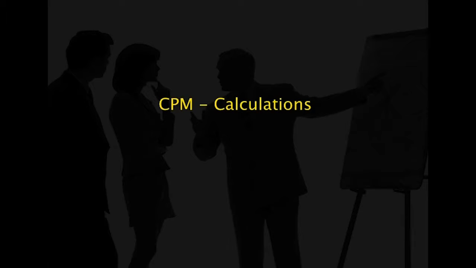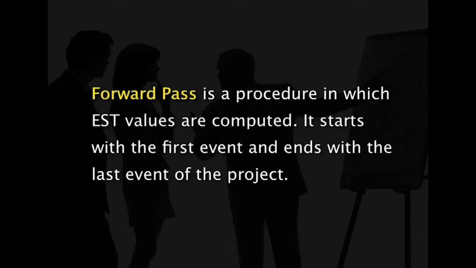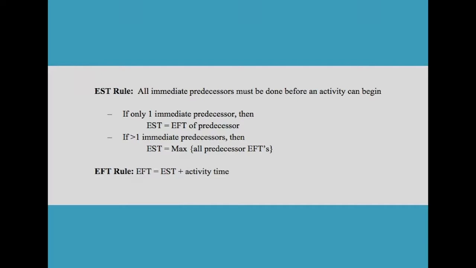To the right we have earliest finish time and latest finish time. CPM has 2 calculations, forward pass and backward pass. Forward pass is a procedure in which EST values are computed. It starts with the first event and ends with the last event of the project. In this, the rule is EST rule, where all immediate predecessors must be done before any activity can begin.